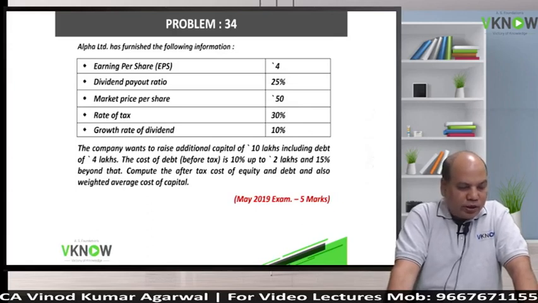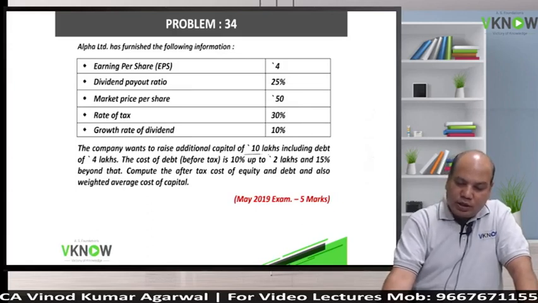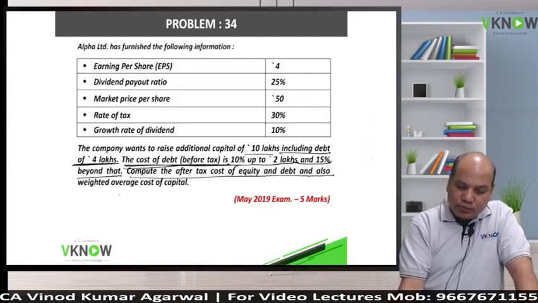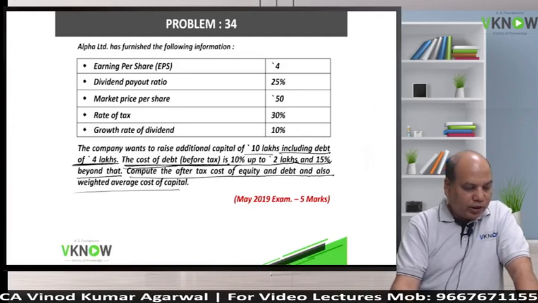Company wants to raise an additional capital of rupees 10 lakh, including debt of rupees 4 lakh. Cost of debt before tax is 10% up to 2 lakh and 15% beyond that. Compute the after tax cost of equity and debt and also calculate the weighted average cost of capital.